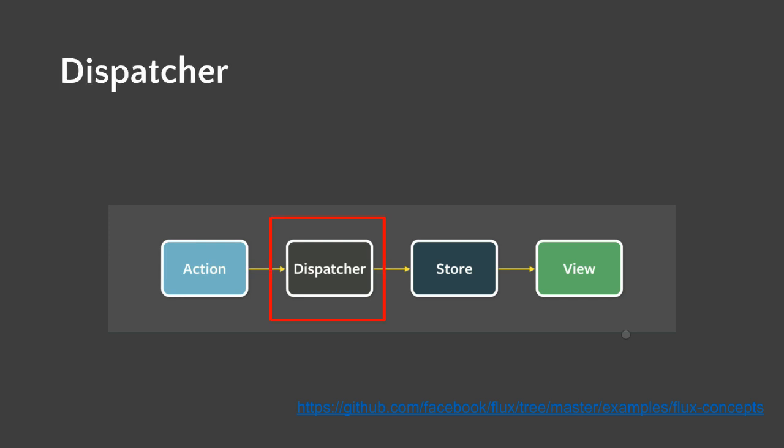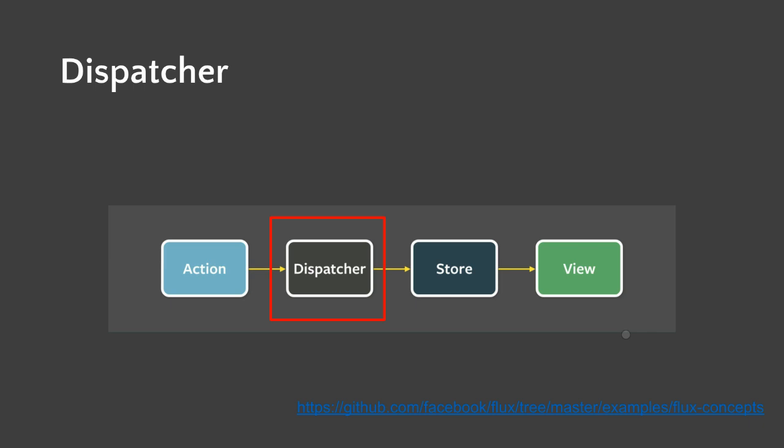First one, the dispatcher. The dispatcher is the central hub that manages all data flow in a Flux application. It is essentially a registry of callbacks into the stores and has no real intelligence. It's a simple mechanism for distributing the actions to the stores. When an action occurs, the dispatcher has the responsibility to dispatch it to the stores. Each store registers itself and provides a callback.